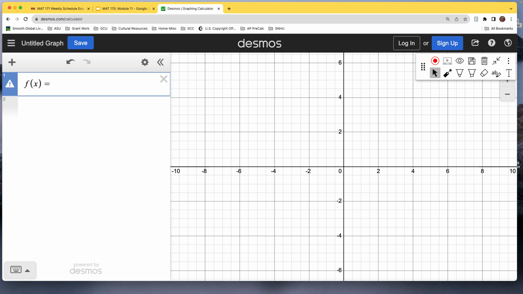Which base should we use? What's a good number for a base? 3. I love 3. Good. I was afraid someone was going to pick like 27. That's too big. But 3 to the x. Okay, that's what an exponential function looks like. What do you notice about the domain and range of this exponential?